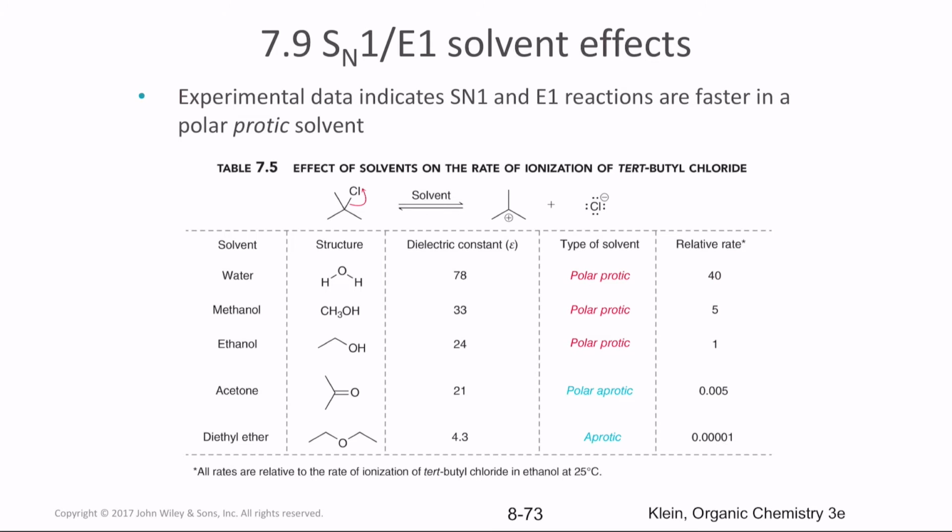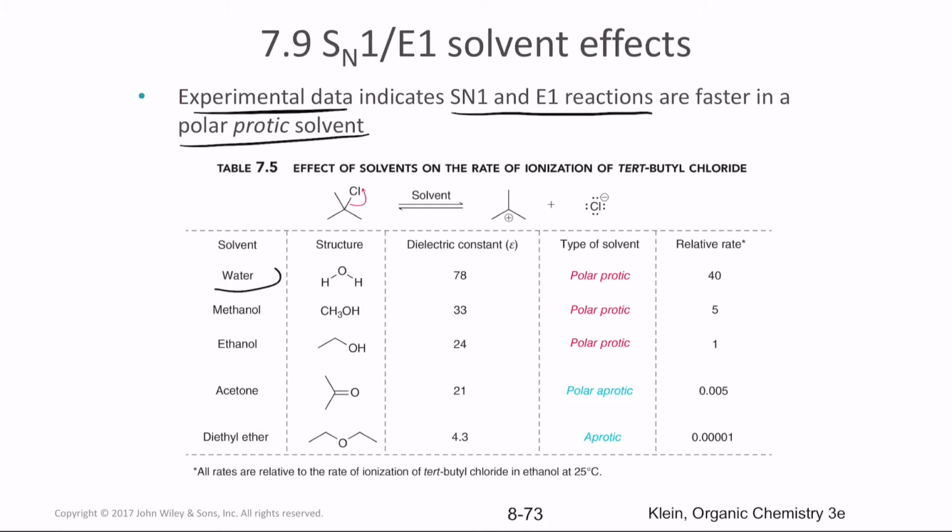Now, the experimental data here indicates that SN1 and E1 reactions are generally faster when you have a polar protic solvent. So remember this: when you have a polar aprotic solvent, the reaction that occurs is the SN2 reaction. When you have a polar protic solvent, the SN1 reaction becomes favorable, and it's also favorable for E1 reactions.